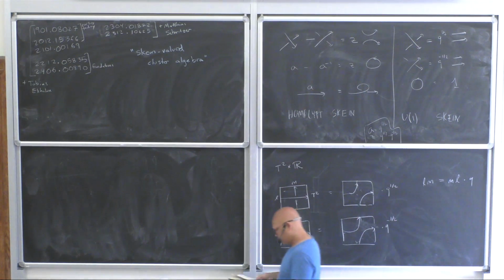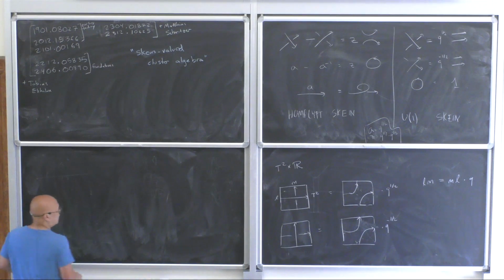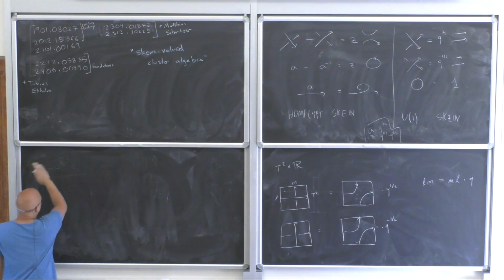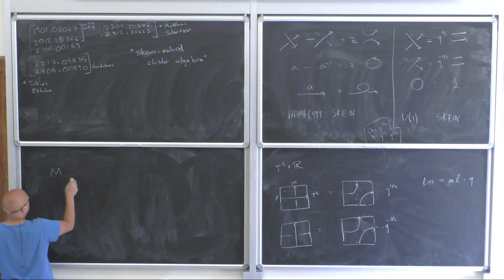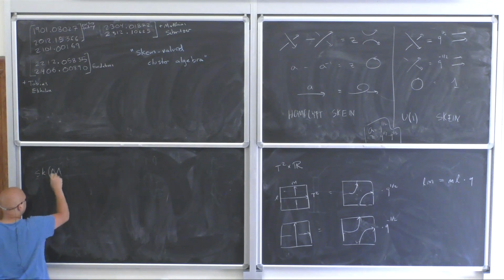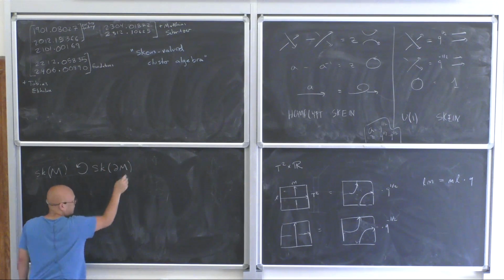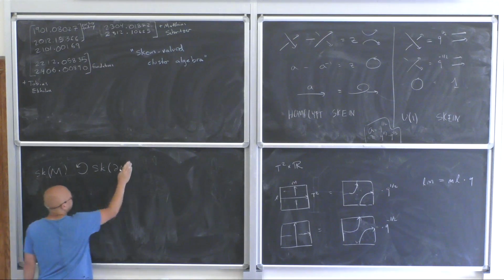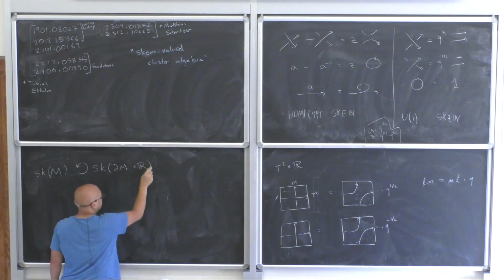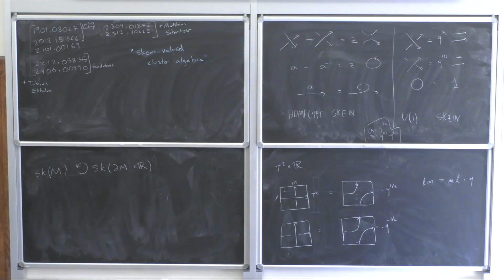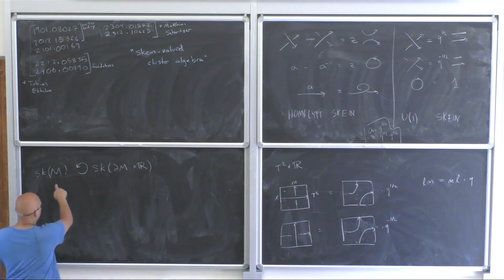In general, if M is a 3-manifold, then I can look at the skein of M, and it is acted on by the skein of the boundary of M times R. The action is just: if you stick a small tube on the boundary of M, boundary of M times R, I can just feed knots in there, and they enter into here.